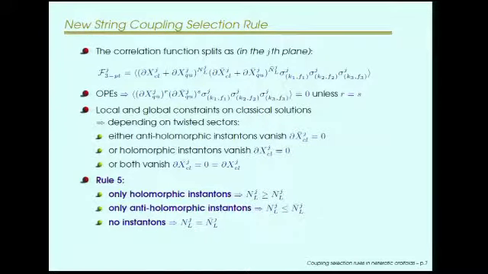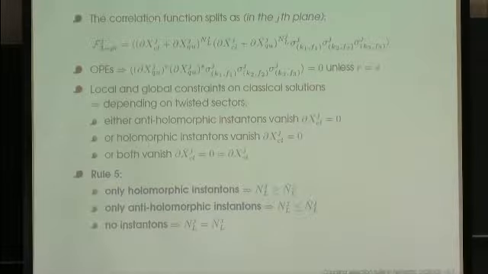Having split the bosonic coordinate fields into the classical and quantum parts, we can plug that into the correlation function, and the correlation function will also split into a number of different terms. We can just expand these powers using the binomial expansion, and now we'll be ready to derive a new string coupling selection rule. So we need two results.